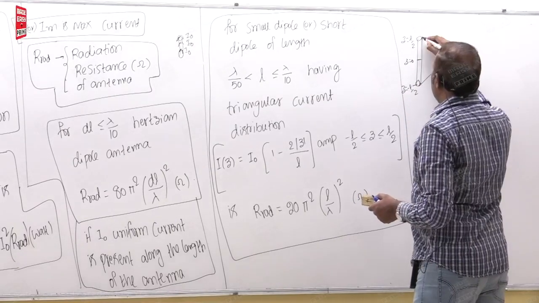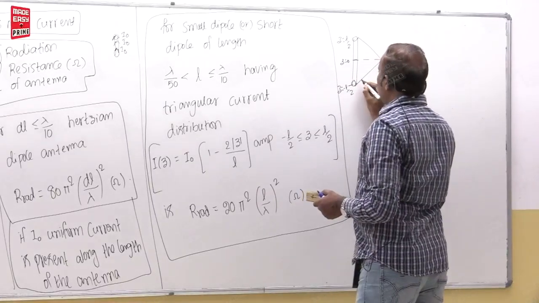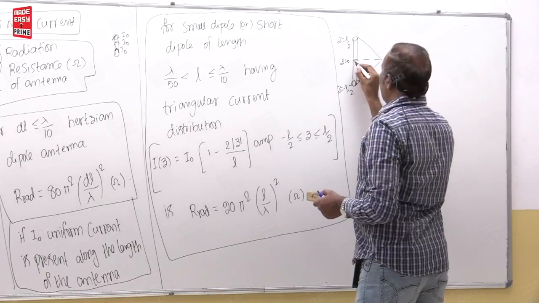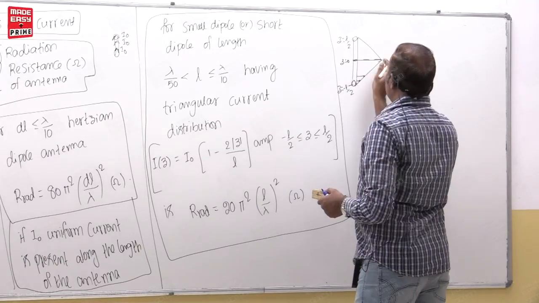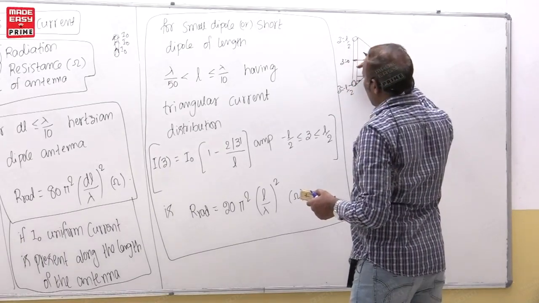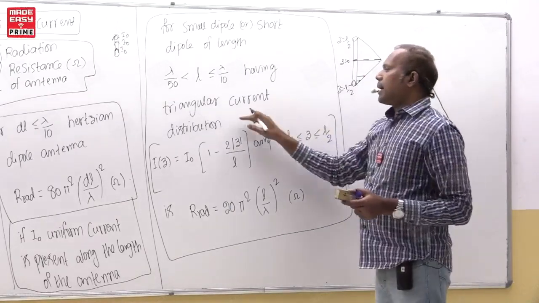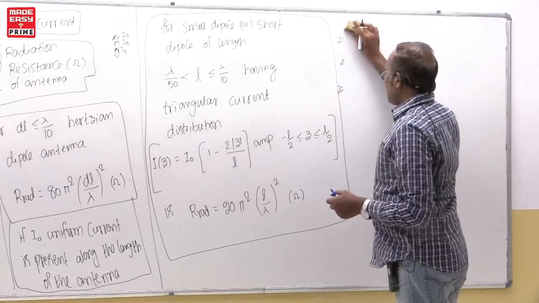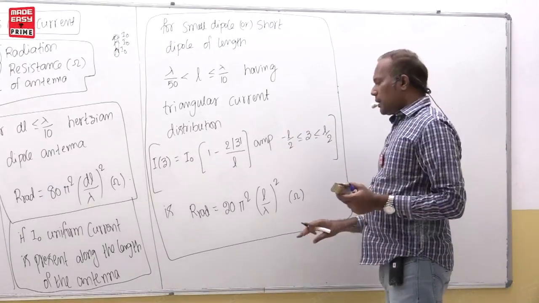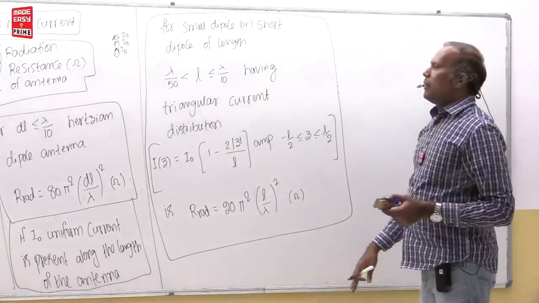Here the current distribution is changing like this. The meaning of this is that at this location the current value is this much, at this location it is this much. Current magnitude itself is changing along the length of the antenna. So that is called triangular current distribution. So dear students, if it is mentioned as triangular current distribution, then you have to use 20 pi square L by lambda whole square for this range.